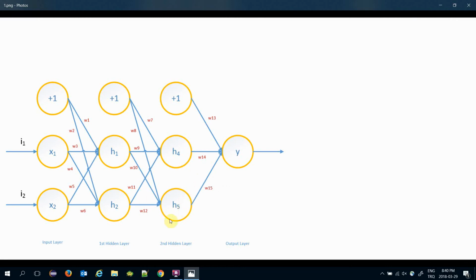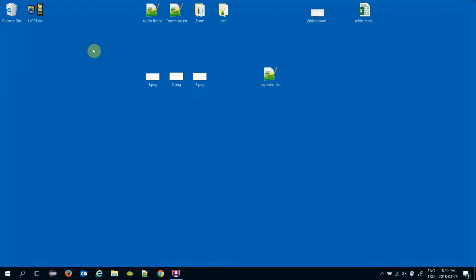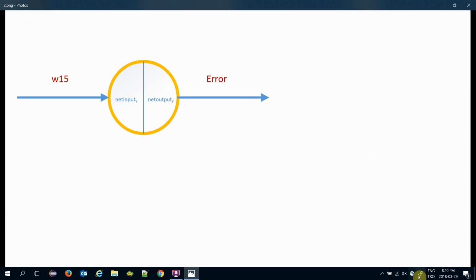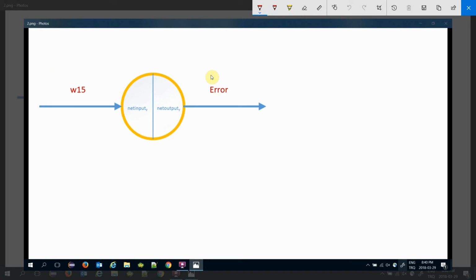W15 connects the H5 unit to the Y unit, and we need to calculate the derivative of total error with respect to W15. Here the chain rule will help us, and I will write it here.